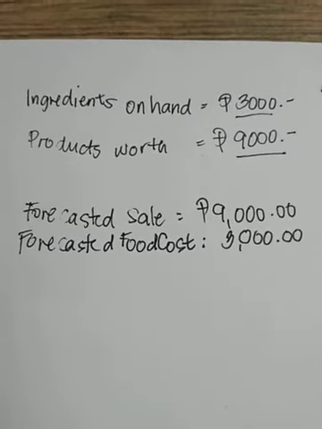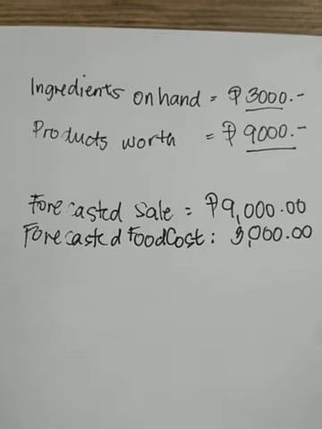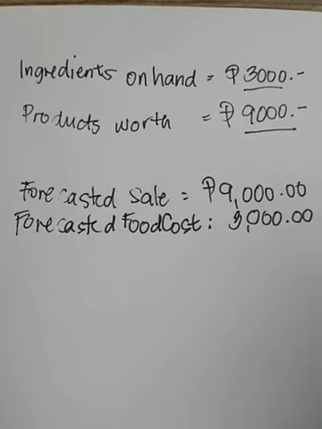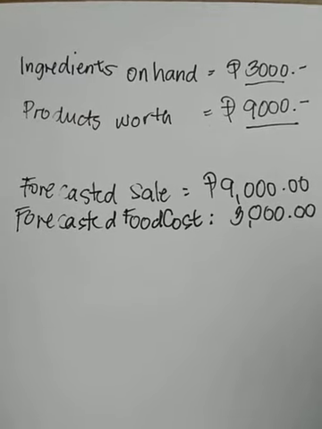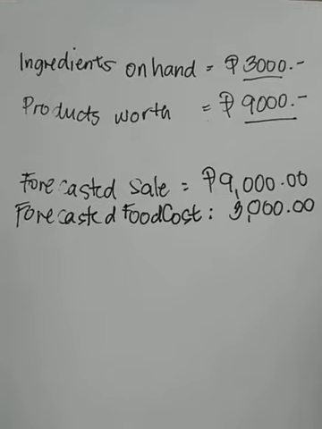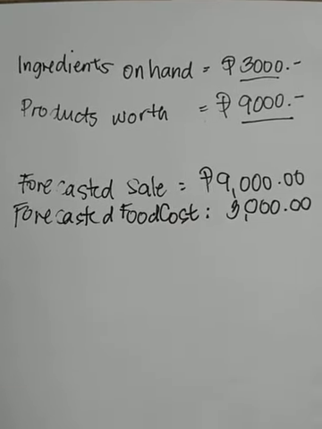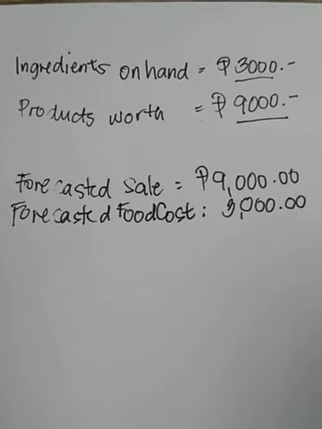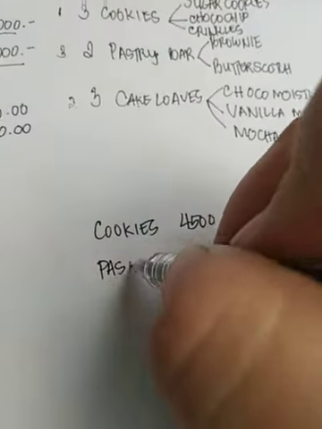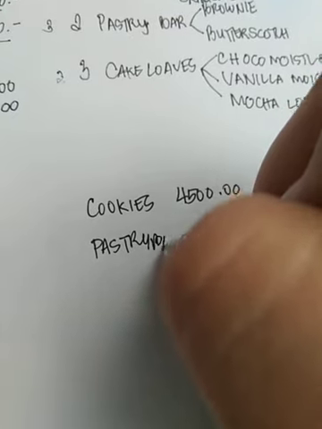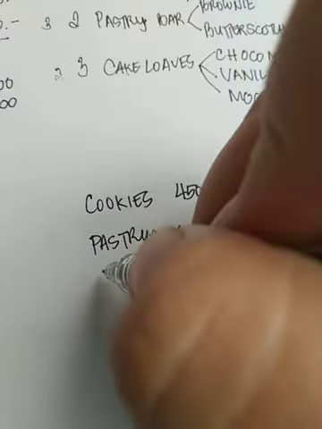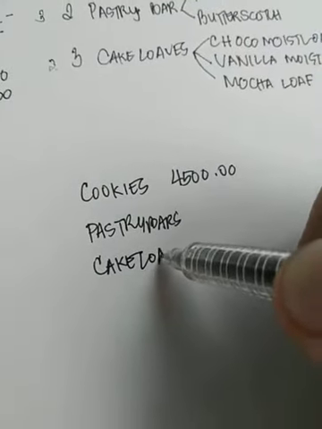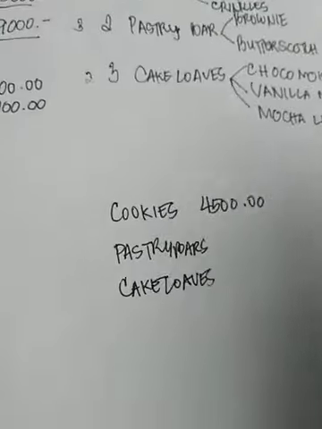Okay? So, ano yung 50% ng 9,000? So, you'll be making cookies worth 4,500. Okay? You'll be making pastry bars and the cake loaves accordingly.